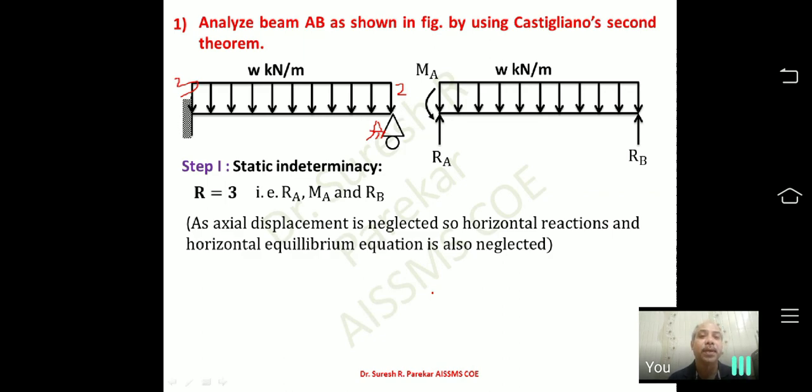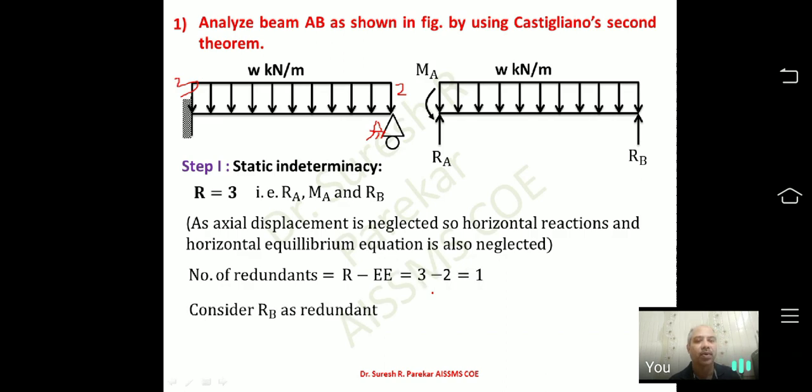In all these methods we consider axial displacement 0, or neglect axial displacement, and as we neglect axial displacement, we do not have horizontal reactions, and therefore all horizontal reactions are neglected in this case. So now the number of redundants: R minus equilibrium equations, 3 minus 2, that is equal to 1.